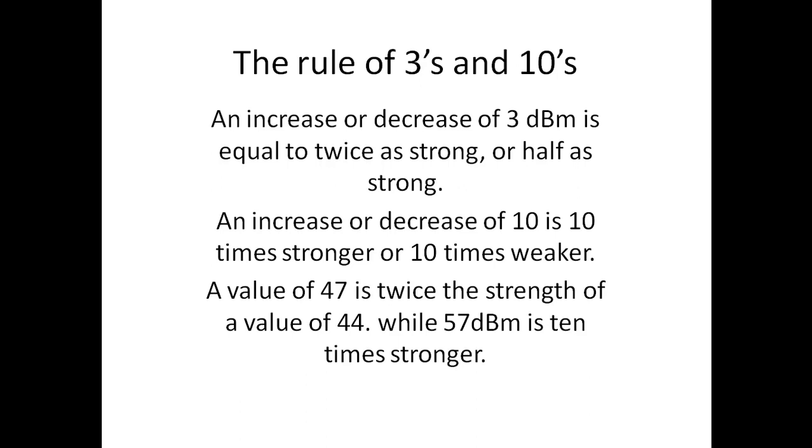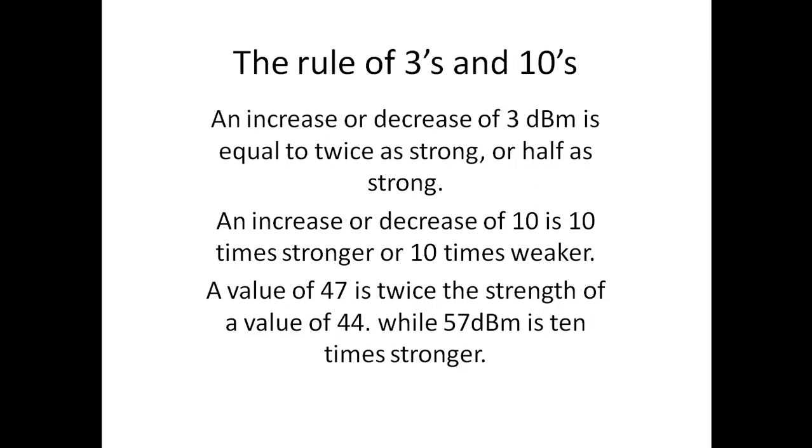To understand what that means, we need to look at the rule of 3s and 10s. Now, this is for the output power, or the EIRP power of the radio, right? So if we have a radio whose EIRP value is 3 dB more than another radio, then you're getting twice as much energy out of that radio. If it's 3 less, then we're getting half as much energy.